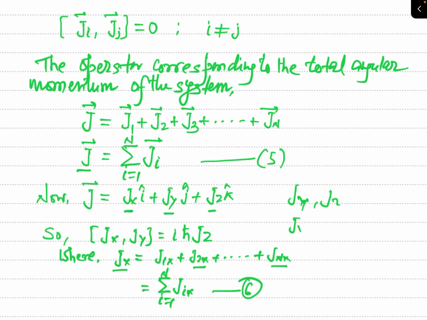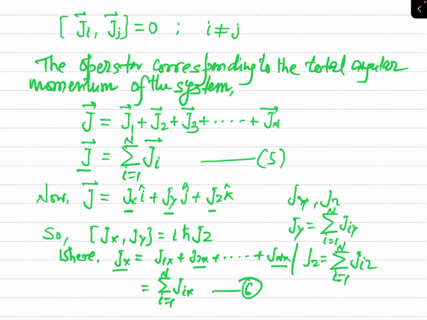In fact, if you want to write the value of Jy, that will be simply equal to the summation of Jiy, where i again runs from 1 to n, and similarly Jz will be equal to the summation of Jiz, where i runs from 1 to n.